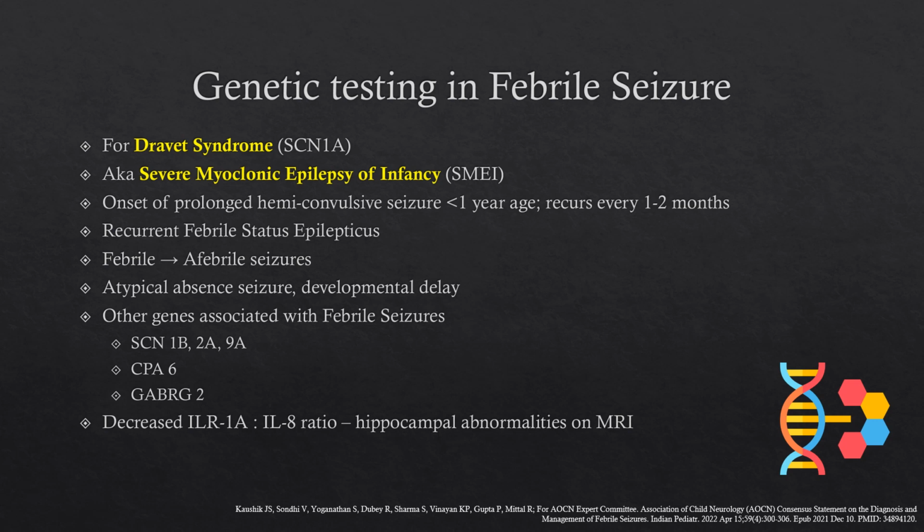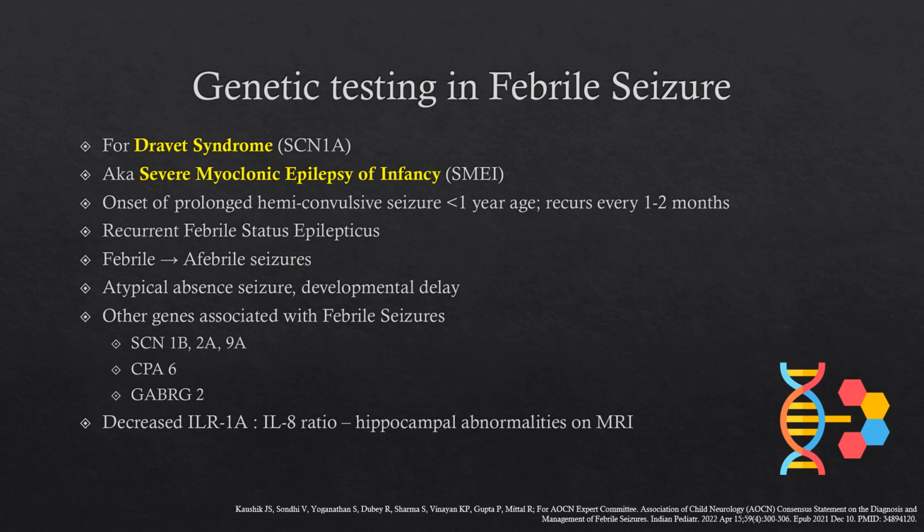Now, what are the other genes associated with febrile seizure? Like SCN1A, SCN1B, 2A and 9A may be involved. CPA6 gene may be involved, or GABRG2 gene may also be involved. Overall, a decreased interleukin receptor 1A to interleukin 8 ratio is associated with hippocampal abnormalities on MRI.